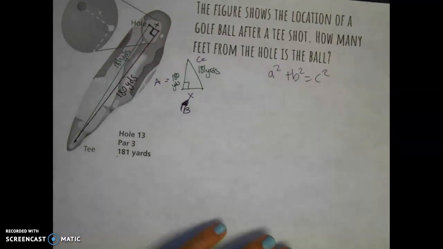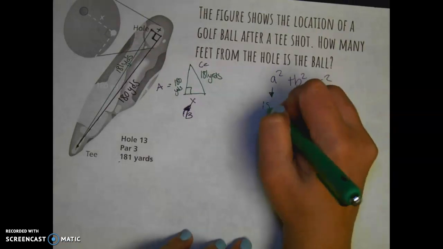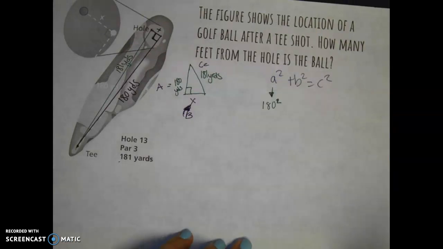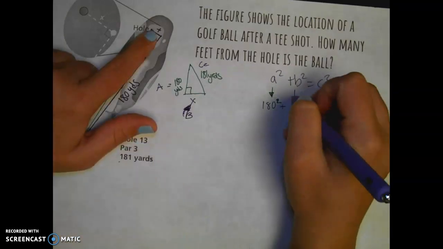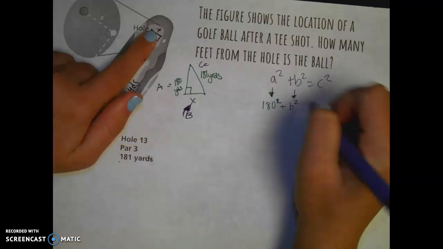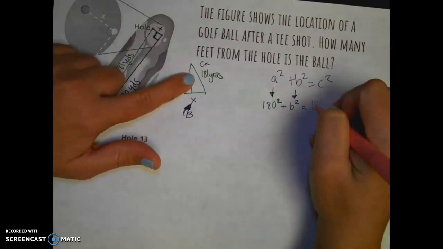So my A is 180 yards squared. Plus, I don't know what my B is, this side right here, equals, and I know what my C is, 181 yards squared.